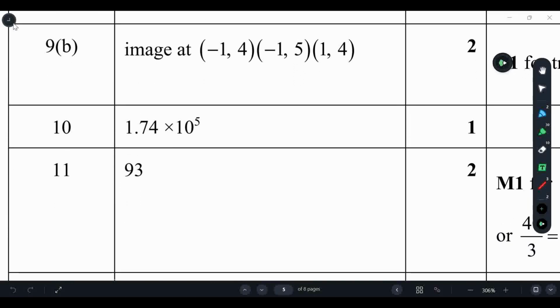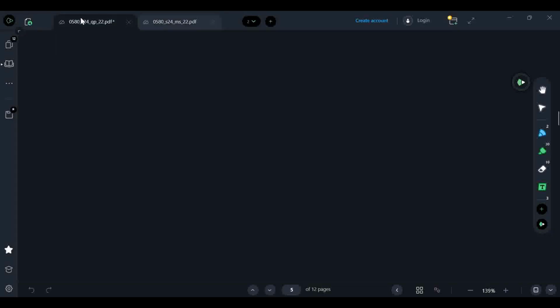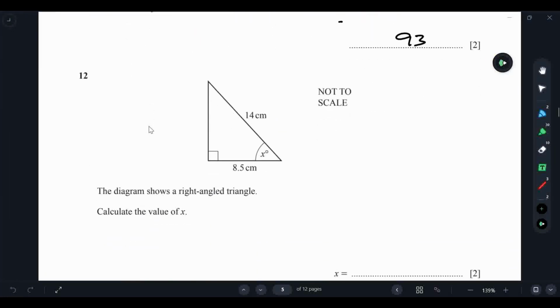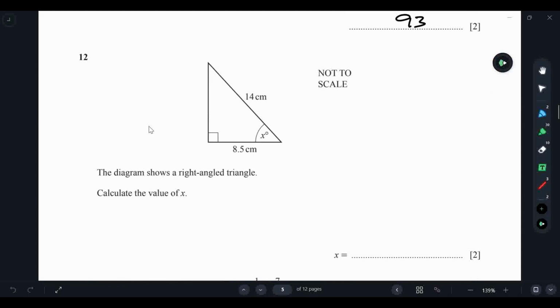Question number 12. This one is a right angle triangle. We know the base is given to us and we know that the hypotenuse is given to us. So cos of x is equal to base over hypotenuse.